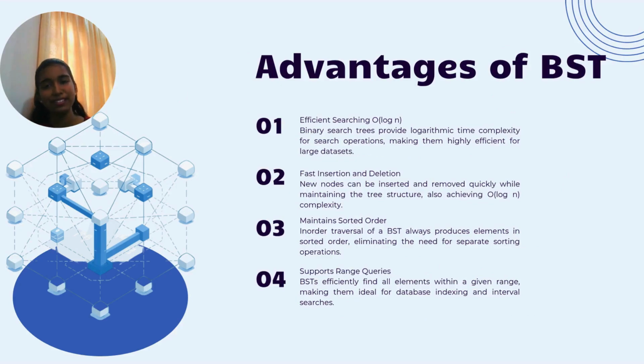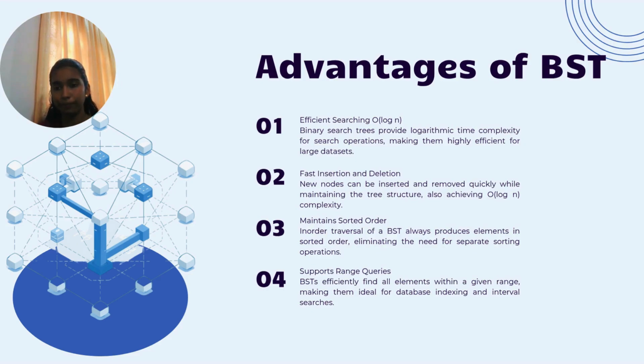Now, let's look at some advantages of binary search trees. First advantage is efficient searching. Because the tree is ordered, we can eliminate half the search space at every step. The second advantage is fast insertion and deletion. The third advantage is automatic sorting.